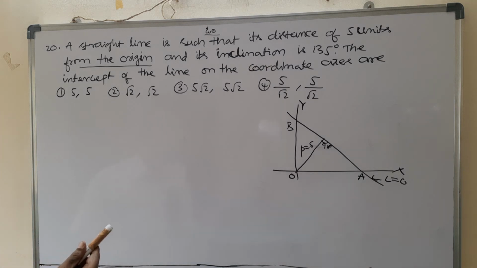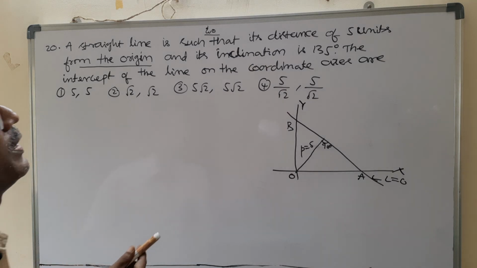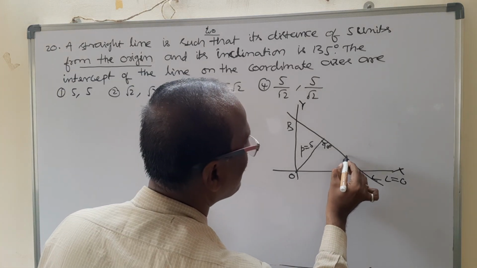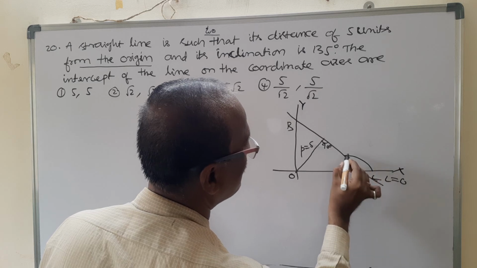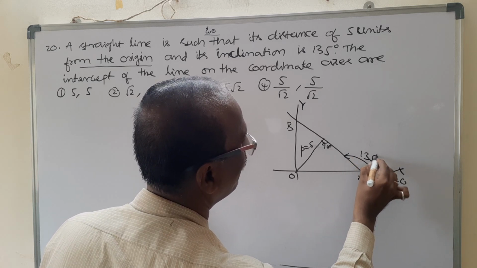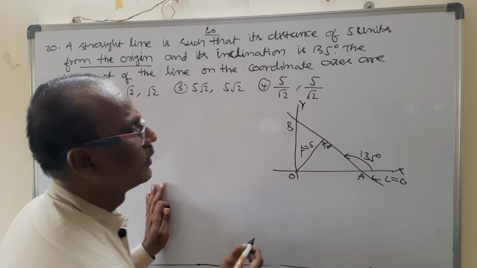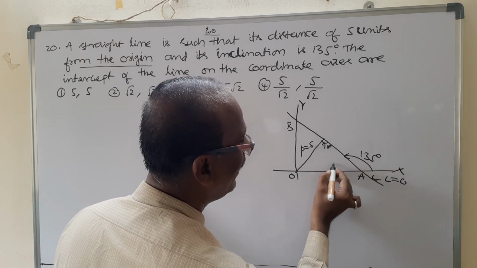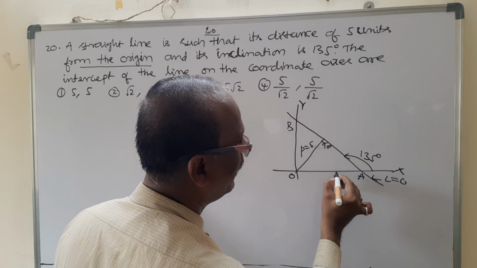Here in this question, the 135 degrees is the angle the line makes with the x-axis. To observe in the diagram, the total angle on the line is 180.